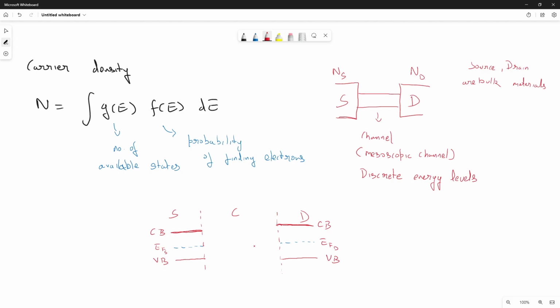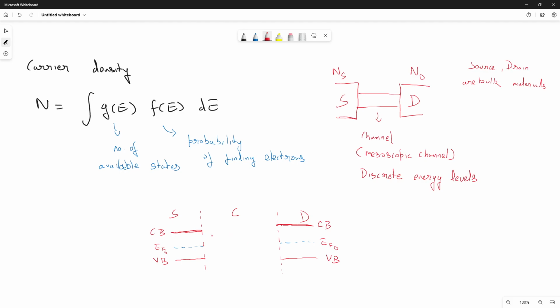Can someone tell me? Sir, in the channel, here we will have discrete energy levels. Very good. If you remember your bulk devices from your bachelor's or early master's courses, if we were studying something like BJTs, I would have had my collector, base, and emitter. And over here also, I would have drawn another conduction band and a valence band, correct?